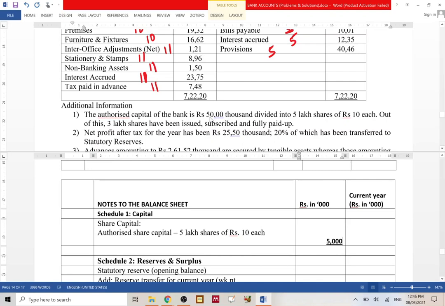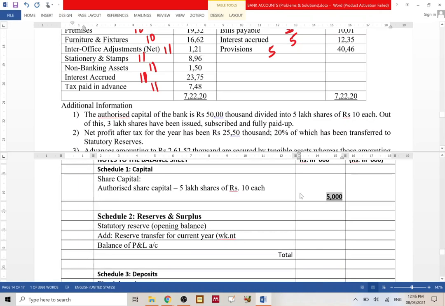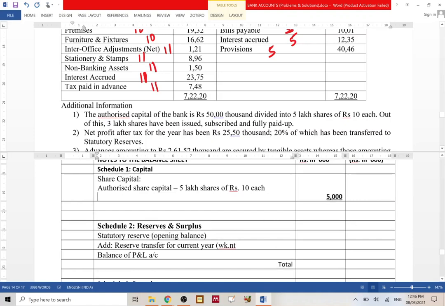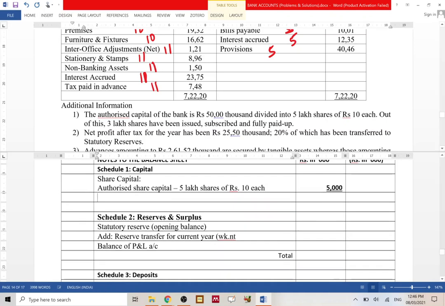It says here the authorized capital of the bank is 5,000. Now why am I writing in this inner column? Authorized capital is never supposed to be added up. Correct? We never include it in the calculations. Authorized capital is just extra information to tell you how much authorized capital the company has. You do not have to add it to the actual totals of your liabilities.